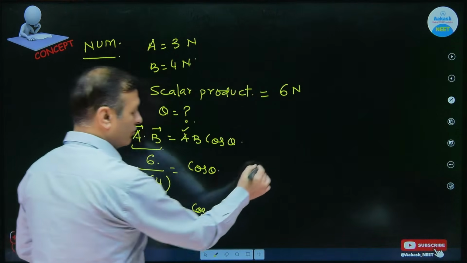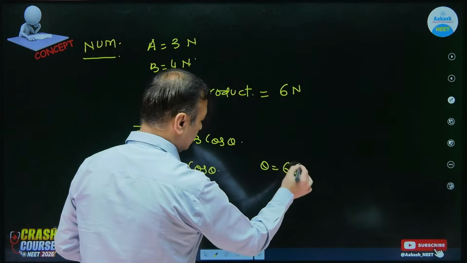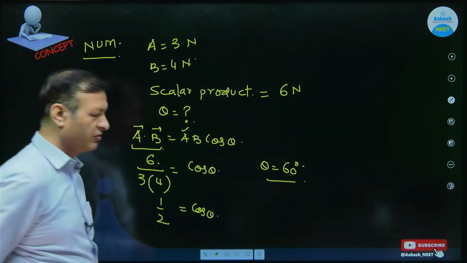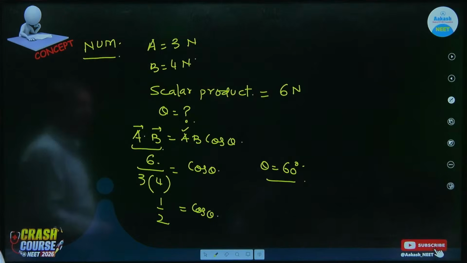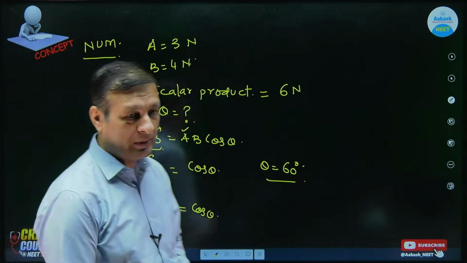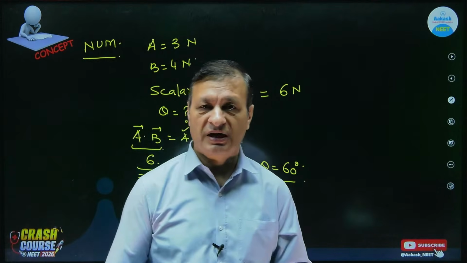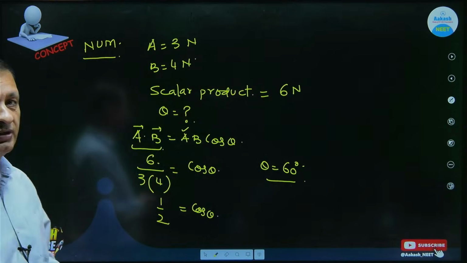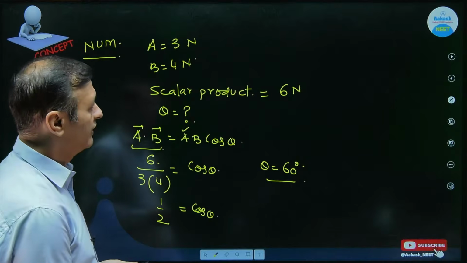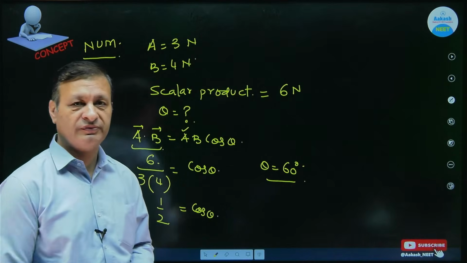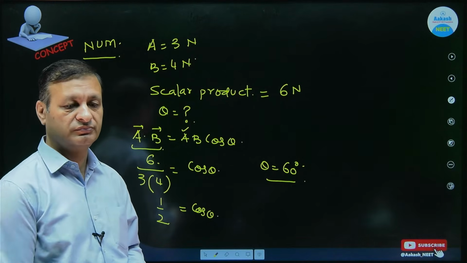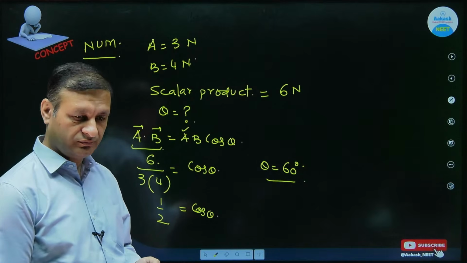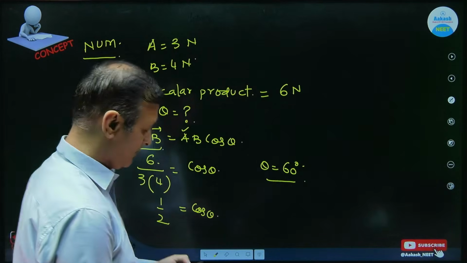And you know cos theta 1 by 2 means theta is 60 degree, because cos 60 is 1 by 2. So these are the prime numericals you have which can be asked from this part. So if you have understood it, let me move to the next section. So shall we move? Fine.